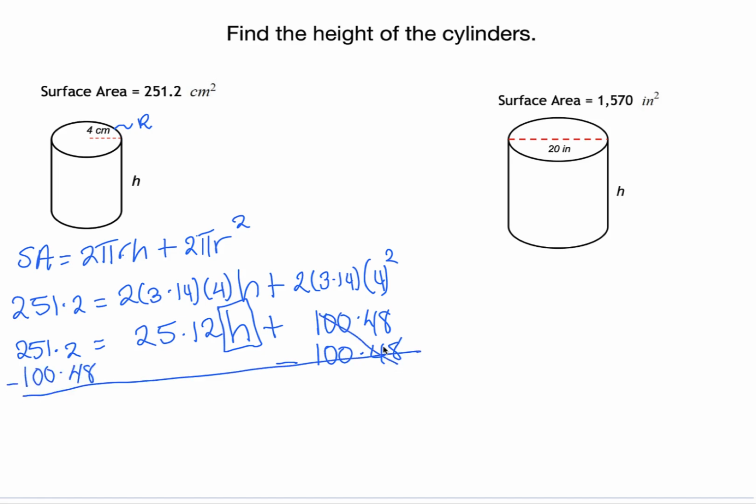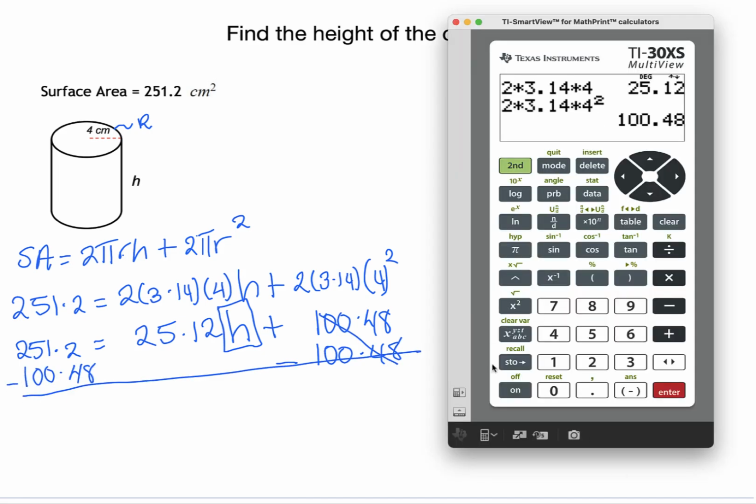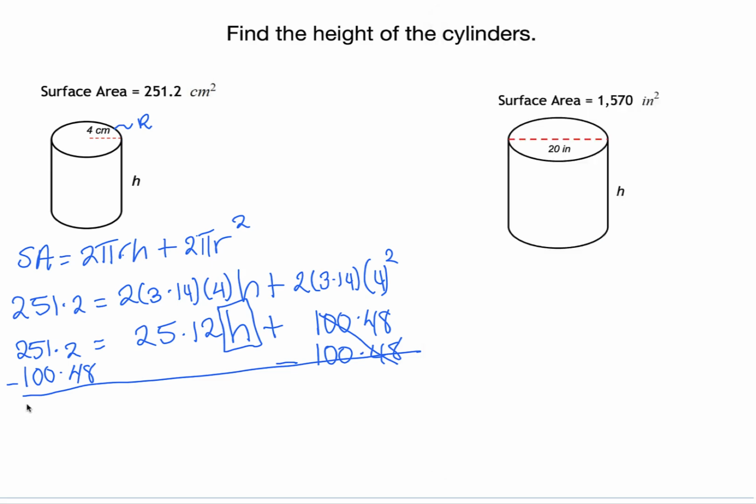So we have 251.2 minus 100.48, which gives me 150.72 equals 25.12 h. And solving for h, we'll do the opposite operation, which will be dividing.